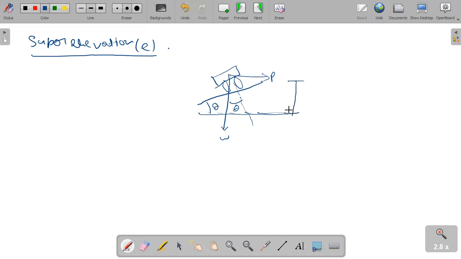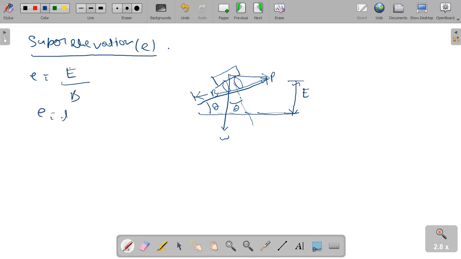Let's say this is E, the height of outer edge, and this is the width, which is equal to B. So super elevation is the ratio of the height of the outer edge to the horizontal width.